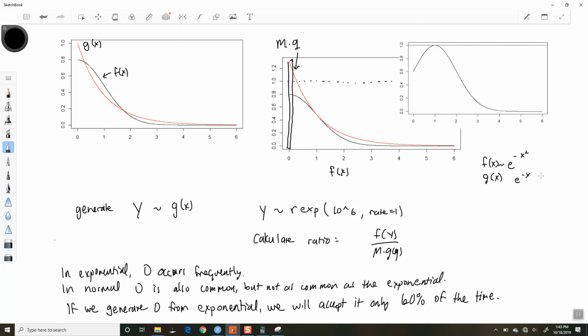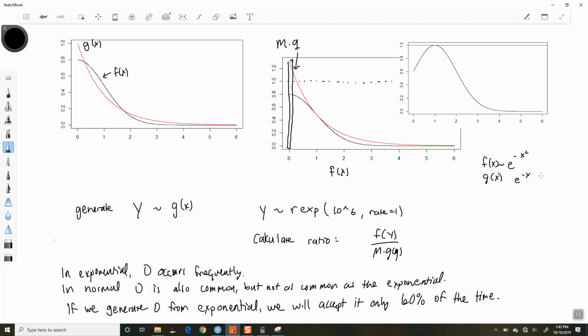If you're going off to infinity, it has to go to 0, and everything has to have an area of 1. So you have to try to find something that has an equally heavy tail or something heavier. And if the thing you're dealing with already has a very heavy tail, and you're trying to find another distribution, then it can be hard.